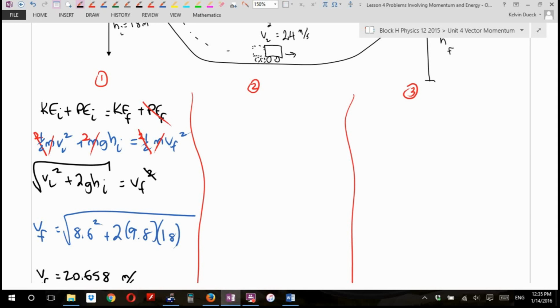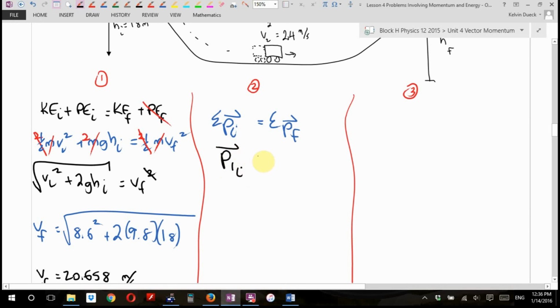Right? Conservation of momentum. So it's going to be the sum of all the momentum before equals the sum of all the momentum after. Before the collision, what's moving? I think mass 1. After the collision, what's moving? Stuck together.